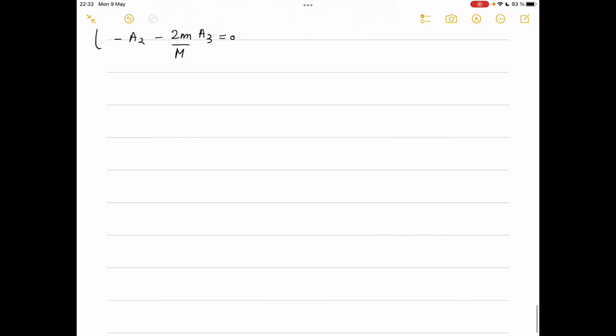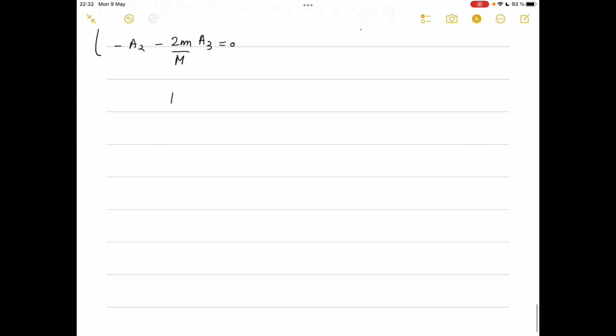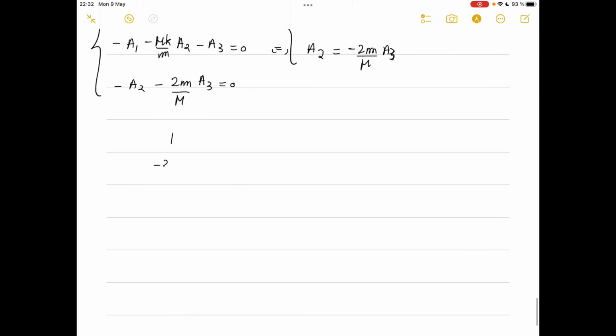So we can write this vector as (1, minus 2m over M, 1) times 1 over the square root of 2 plus 4m squared over big M squared.